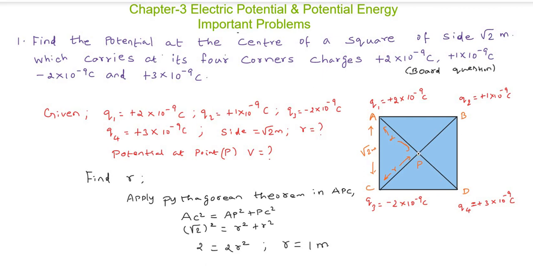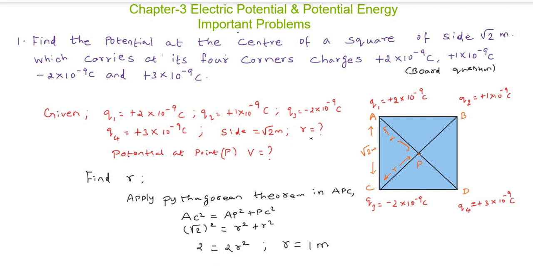Center point is P. At the four corners, A has Q1 equal to plus 2 into 10 power minus 9 coulomb, B has Q2 equal to plus 1 into 10 power minus 9 coulomb, at corner C Q3 equal to minus 2 into 10 power minus 9 coulomb, D has Q4 equal to plus 3 into 10 power minus 9 coulomb. The side is given as root 2 meter.